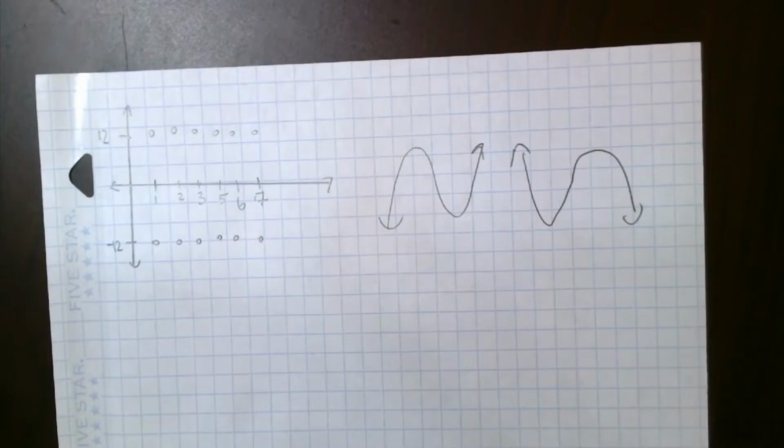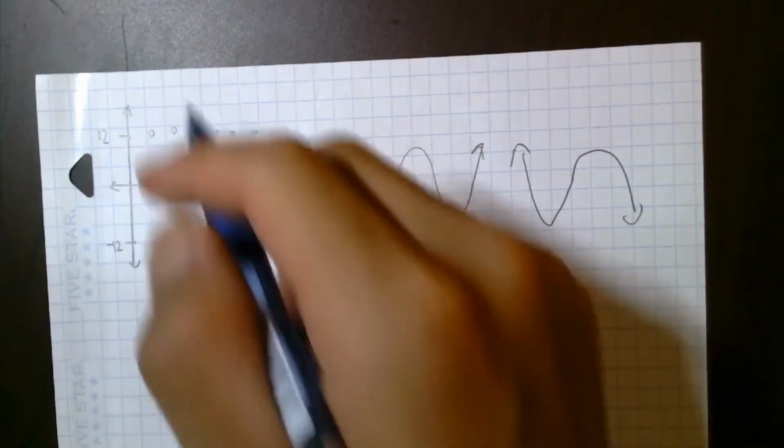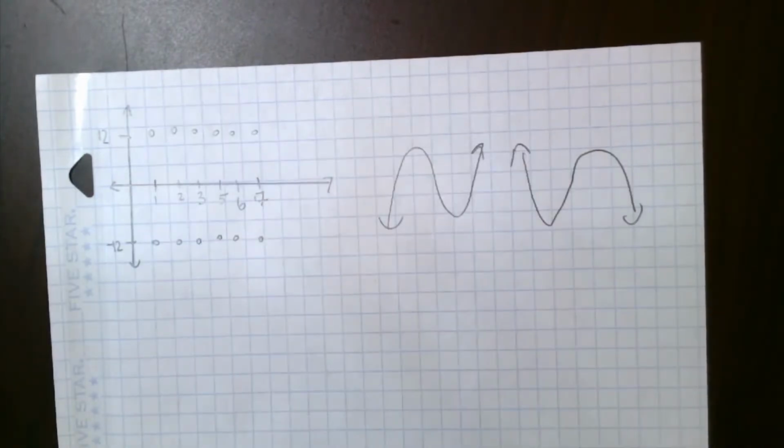If we look at it, it looks pretty tough to fit one of these going through 6 of these points. So we can just ask the question, is this even possible?